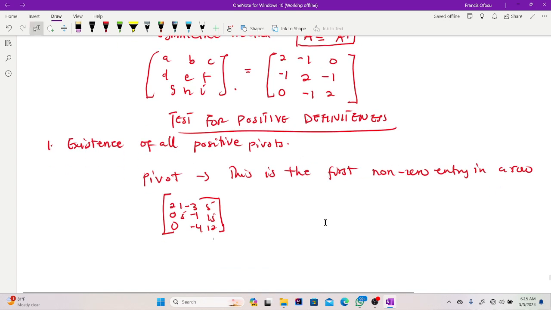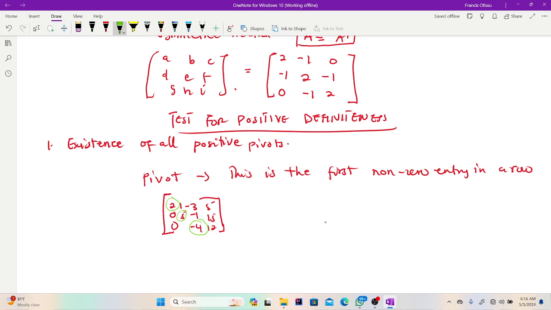For you to identify all the pivots, the pivot is the first non-zero entry in a row. When I take the first row, 2 is non-zero, and it's actually the first element of this row. When I come to the second row, the first non-zero is 5, so this happens to be my pivot. Likewise, at the third row, this happens to be my pivot.